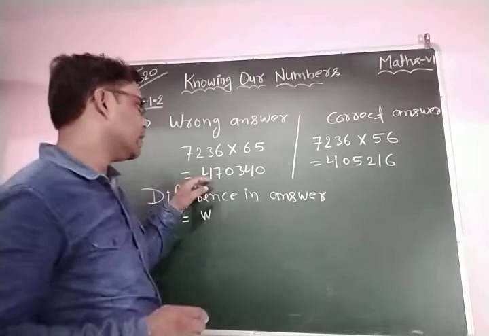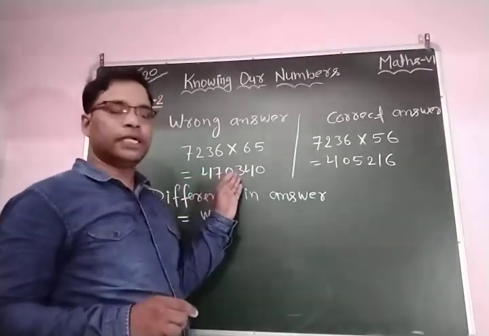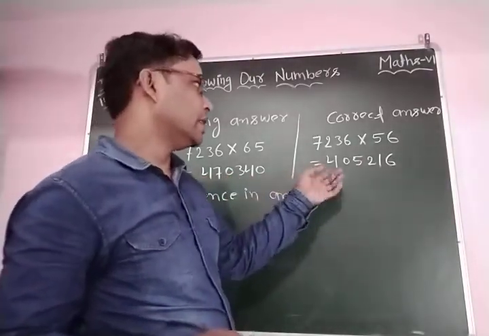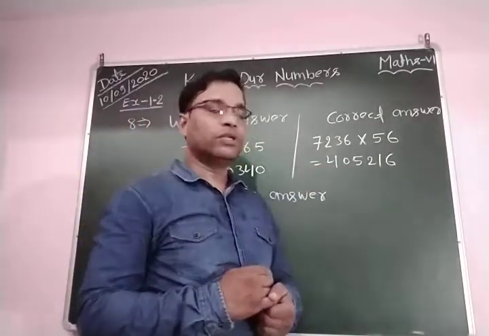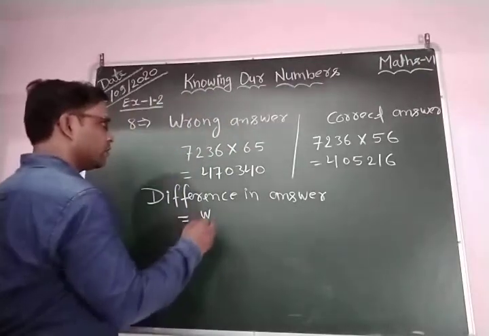The wrong answer is 4,70,340 and the correct answer is 4,05,216.